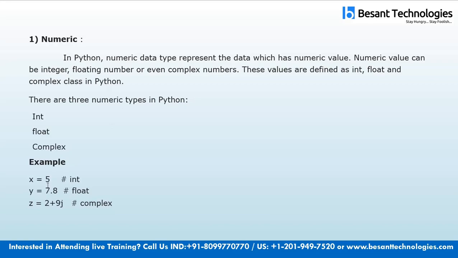So here, 5 is a whole number, 7.8 is a float, and in 2 plus 9j, 2 is the real part and 9 is the imaginary part, a complex number. So integer, float, complex: these three belong to the numeric data type.